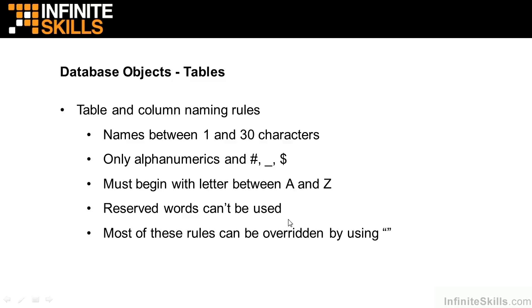Reserved words can't be used as table or column names, so a name like select for a table would not be allowable. However, most of these rules can be overridden using double quotes. So if we use double quotes around a table or a column name, we can break some of these rules. However, I would highly advise against it, because when a database administrator looks in the data dictionary for a table or a particular column, they're looking with the expectation that they're going to find that in all uppercase.